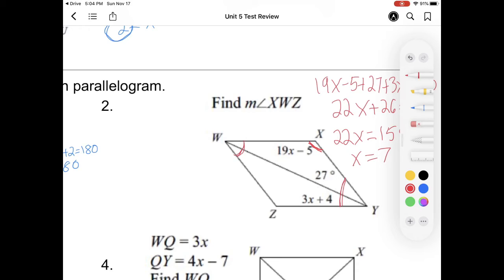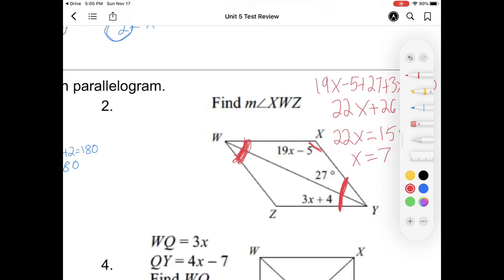XWZ, so we are looking for this whole angle right here. So do know that we already have information to find all of the angle for y, and angle W is congruent to y due to the fact that they're opposite of each other.